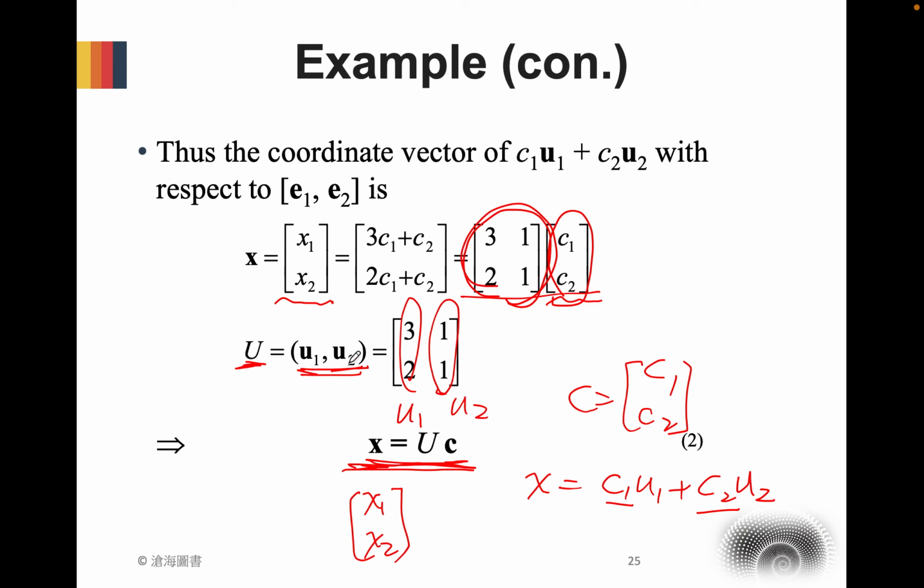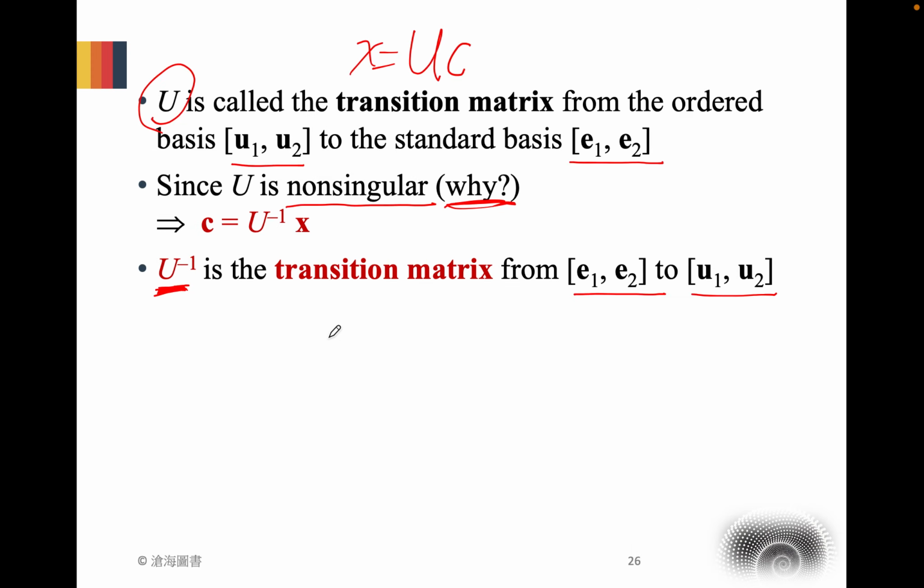They are linearly independent, right? So if two-dimensional linearly independent column vectors form a matrix, then this matrix must be non-singular. We have mentioned this property before. So this is why U must be non-singular.